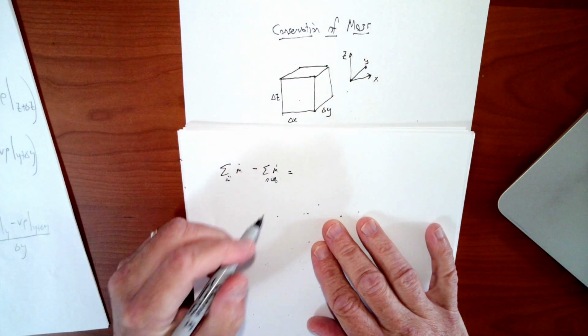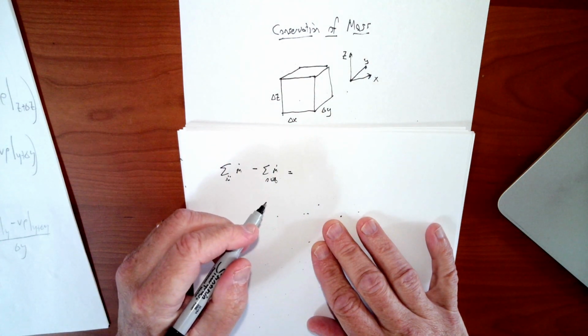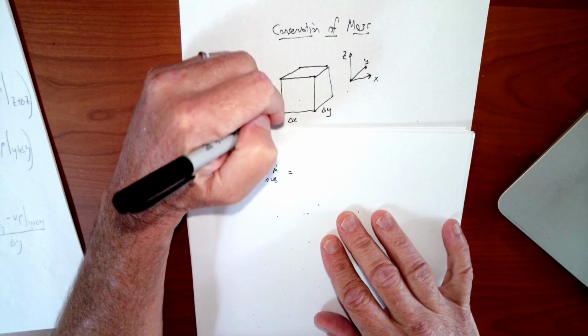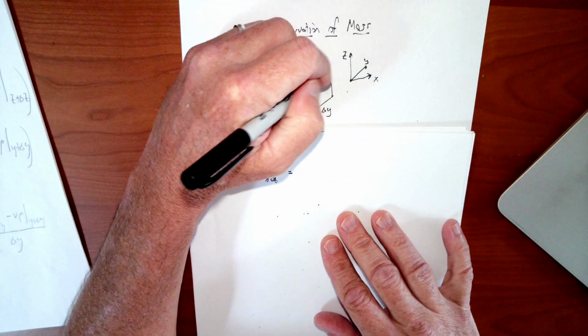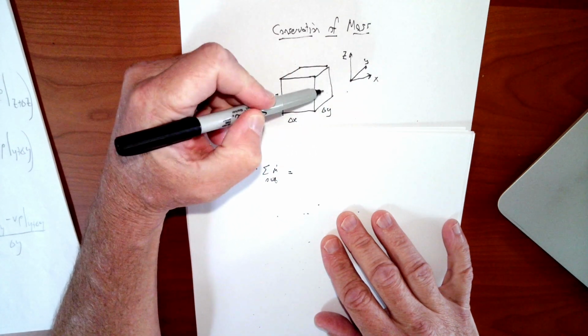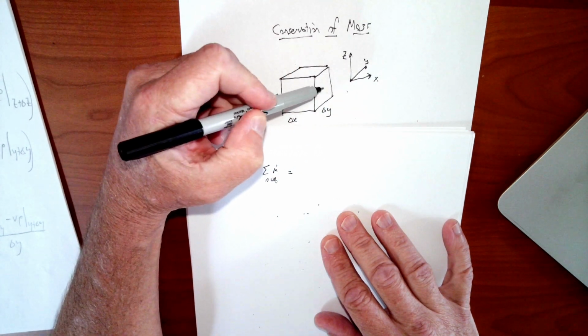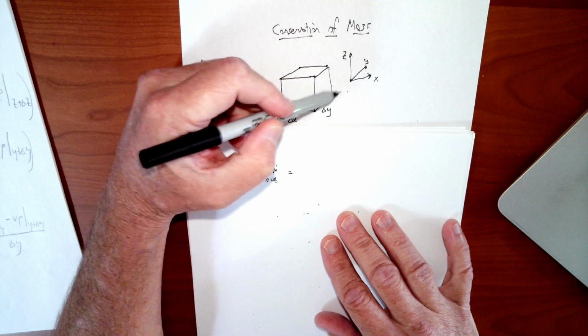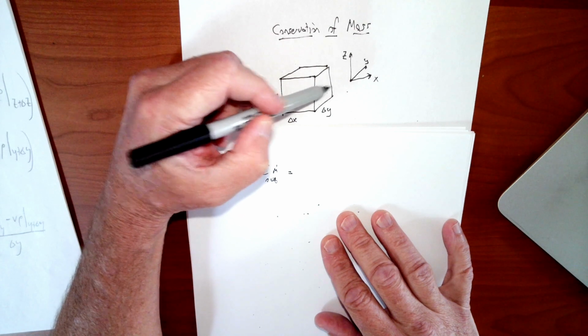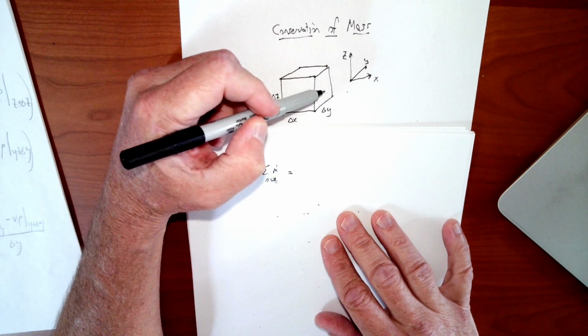If you want to know how much mass is going in the x direction, there's this box here, which is facing in the x direction. If there were velocity going out of this box, it would be carrying mass out. And if there were velocity going in the negative x direction, it would carry mass in.